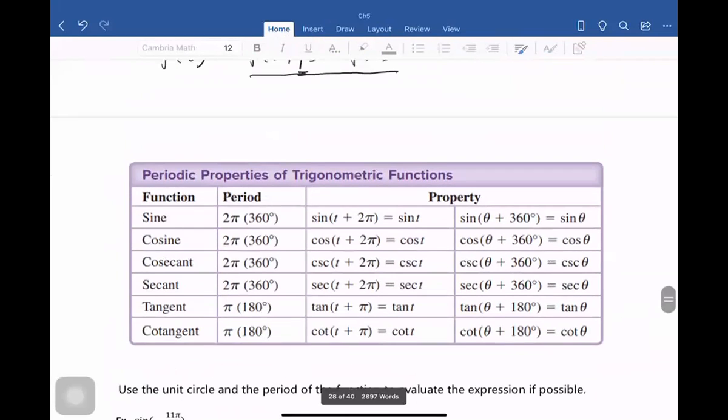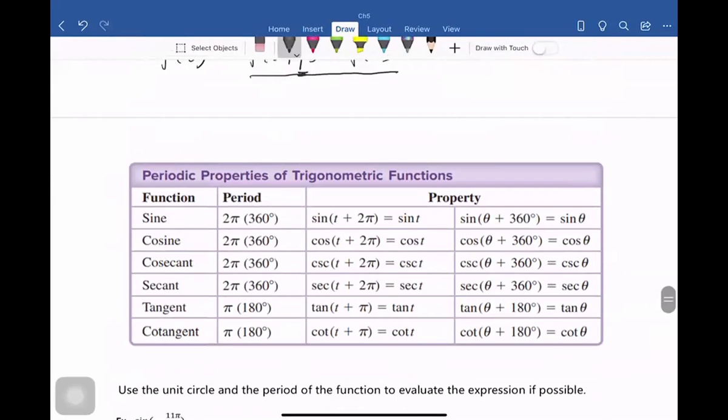For the sine function, for example, the period is 2 pi. That means sine of t plus 2 pi equals sine t.